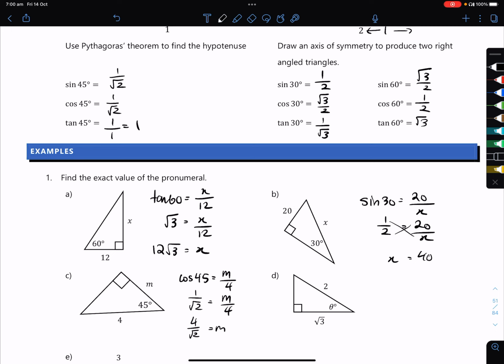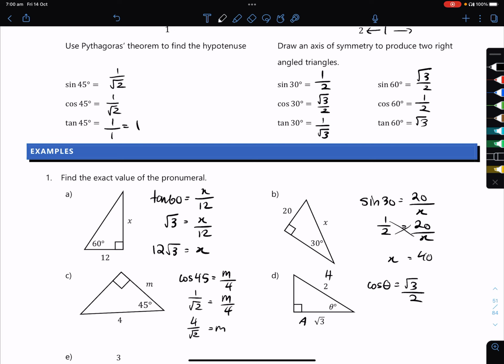For question D, we've got the adjacent edge here, which is root 3, and the hypotenuse. So that relates to cosine theta. Okay, so cosine theta is the adjacent edge, which is root 3 over 2.